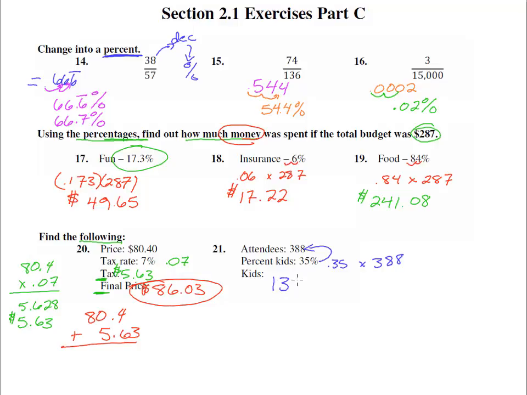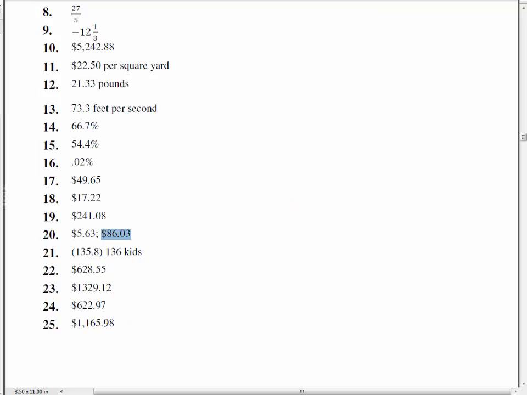We can't have 0.8 of a child, so I'm going to round to the nearest person, the nearest individual. So 136 kids. Let's check our answer. Yep, 135.8 is what came out, and it was rounded to 136 kids. Okay, good.